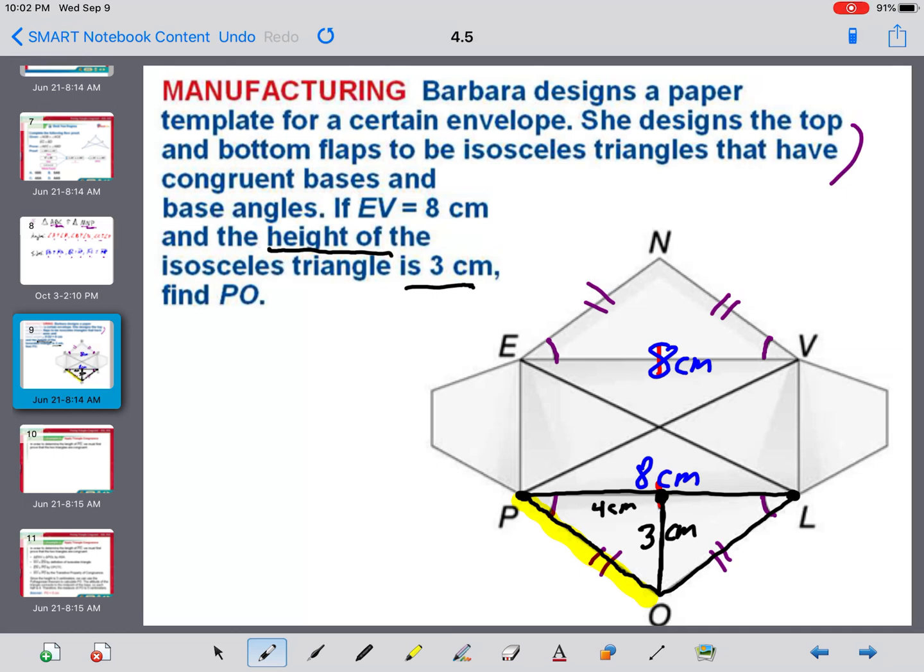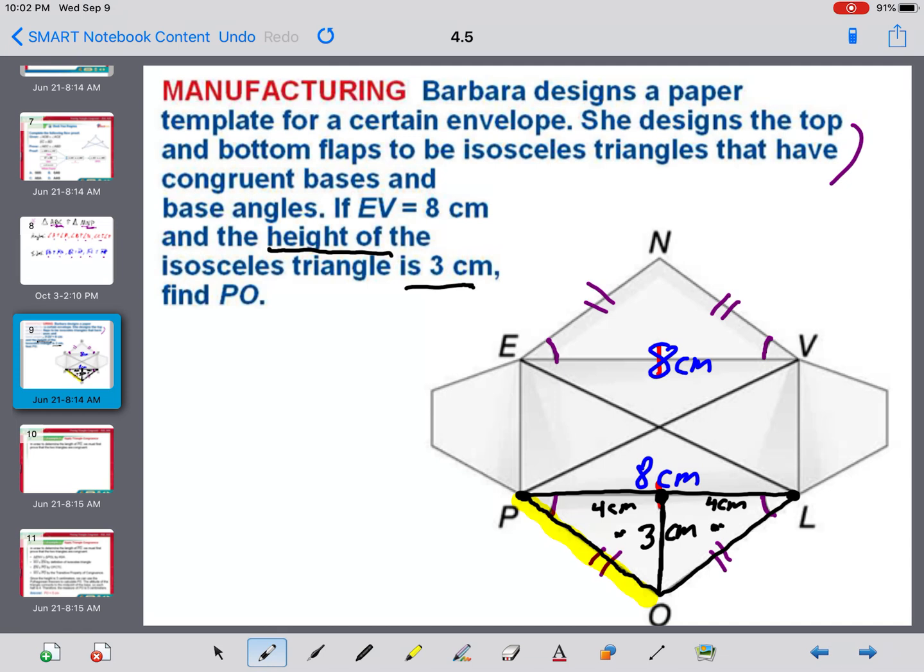It would probably be helpful for us to understand that if this is 8 from P to L, then right here, that's going to be 4 centimeters. And, of course, another 4 centimeters. Now, how do we know that?